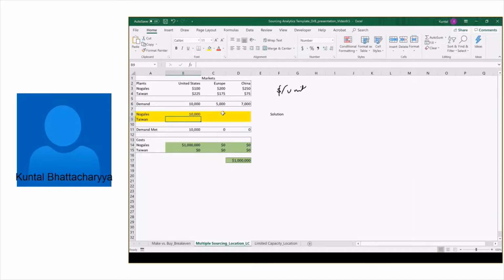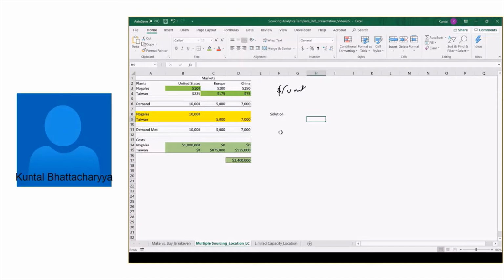In the same way, here I would want to make the entire 5,000 in Taiwan, and I want to make the entire 7,000 out of Taiwan as well, because I'm just going by this guy, and this guy. These are clearly the ones where my cost per unit is lower, and so it's a no-brainer. I don't even have to do any kind of fancy solving. Okay, it's a simple process.